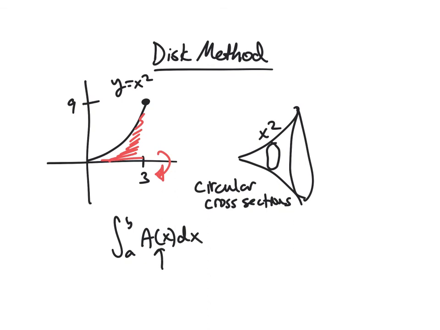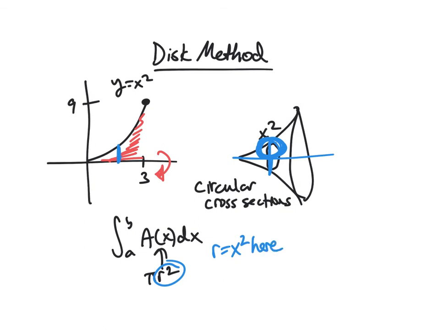But in this case, we know this is going to be pi r squared. And even better, we know what our r is here, because how are we getting our radius? Well, any cross section here has a radius, this part here, which is exactly the height determined by the value of our function. So our r is actually equal to x squared here.